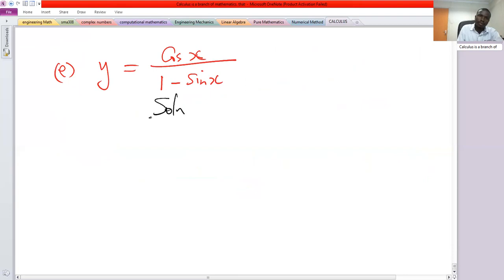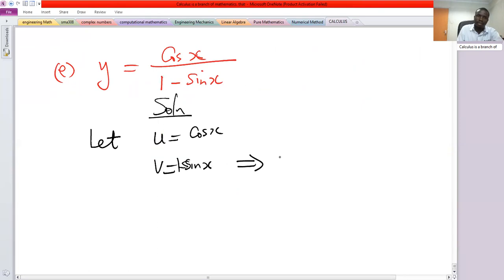So as usual, the numerator is u, denominator is v. So let u to be cosine of x and v be 1 minus sine of x. So this means v prime is minus cos x, and this means u prime is minus sine x.